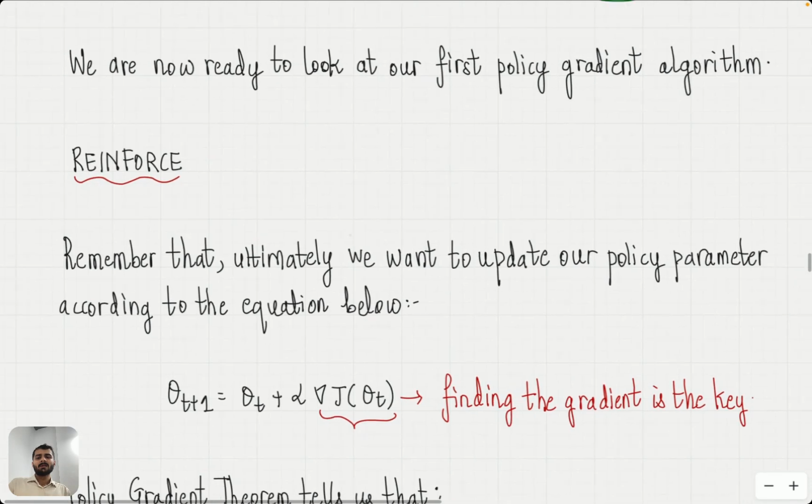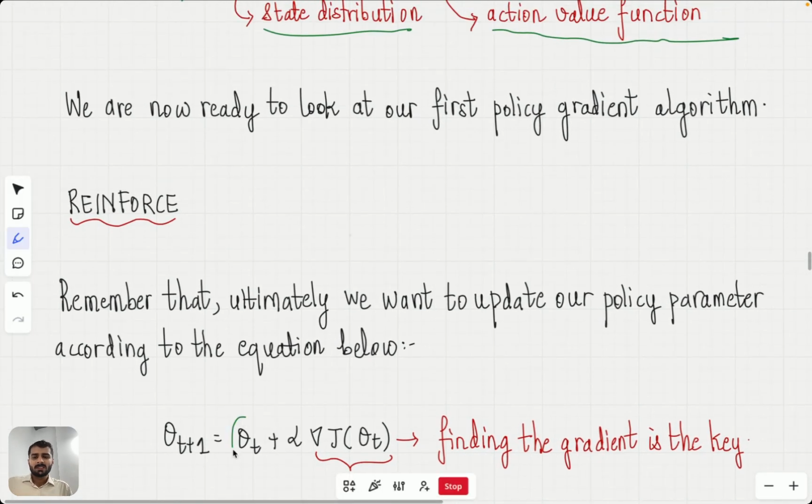So here, theta t is the policy parameter at the current time step. The policy parameter at the next time step is theta t plus alpha times the gradient of the performance measure, which ensures that we are moving in the direction of maximum performance measure.